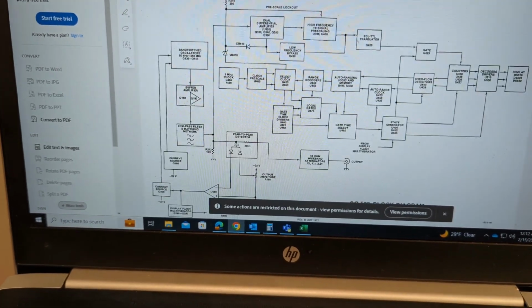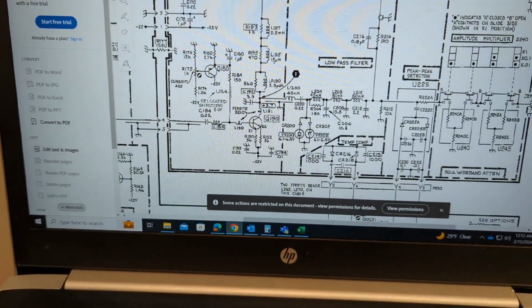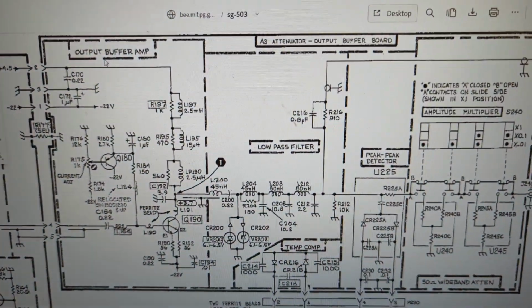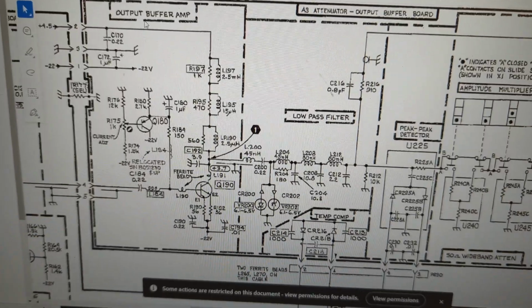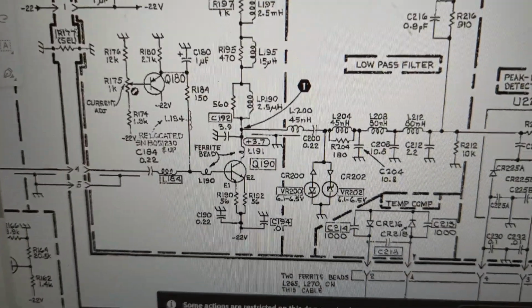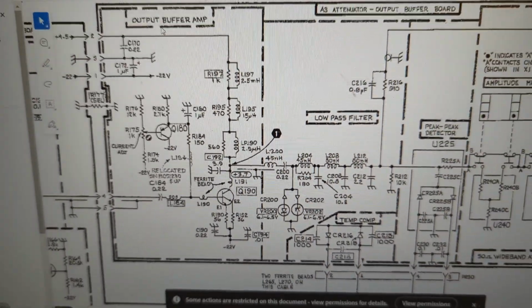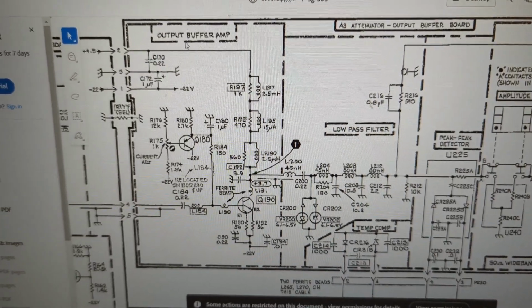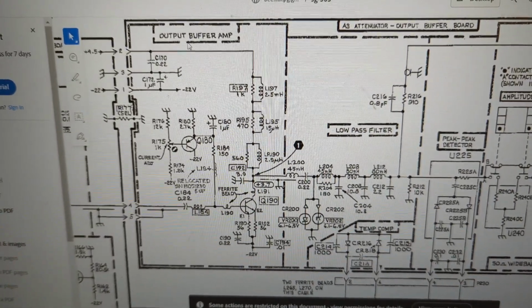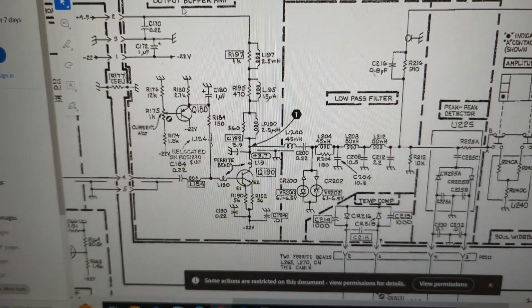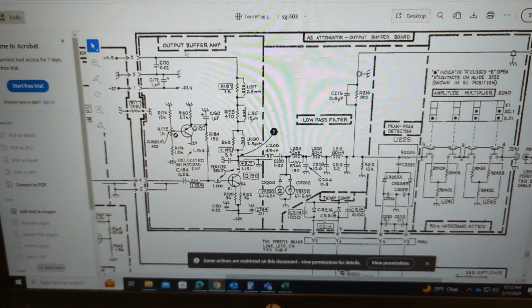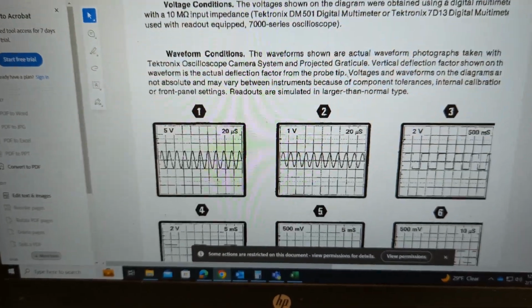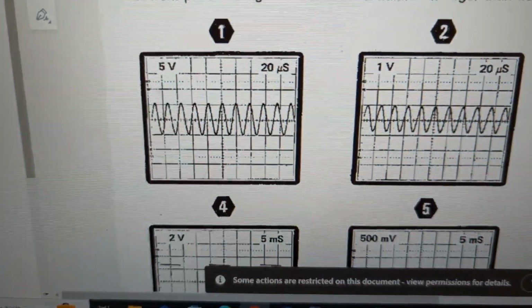The test point is on the attenuator board right there, so it's part of the output buffer amplifier. And sure enough, I'll go back real quick so you guys can see this is what we should be getting.